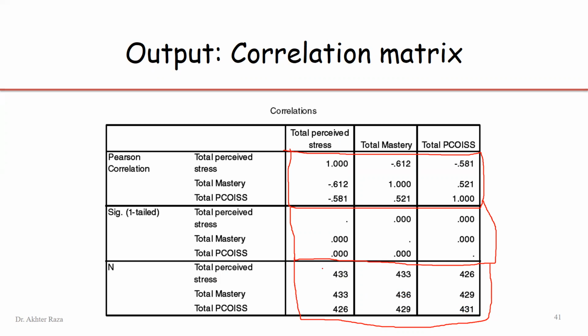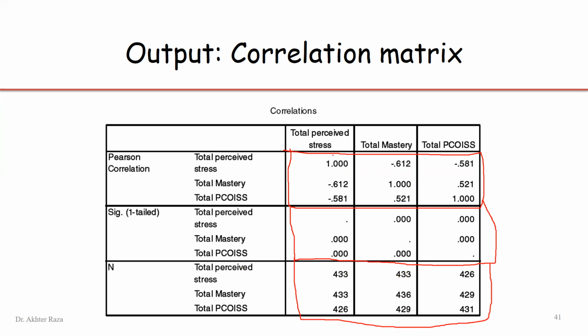Whenever we are using total perceived stress with the mastery control, we are using 433 observations. This is due to the selection of exclude missing values pairwise. Pairwise means in these two pairs of variables, whatever is the minimum value will be used here.